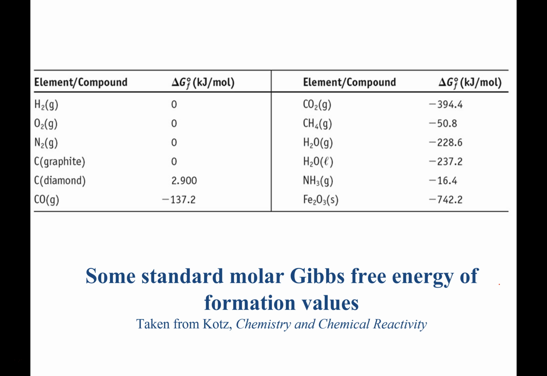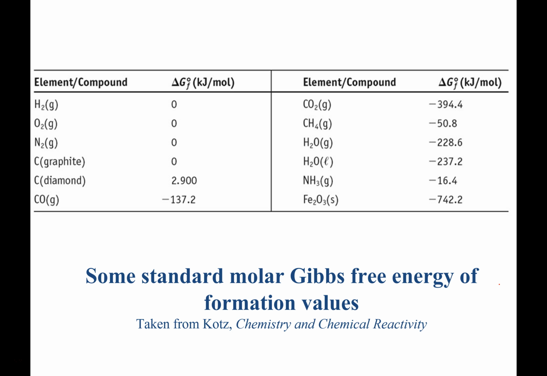Okay. So we see H2, O2, N2, the standard state of that element under standard conditions. Well, it's diatomic. Standard state of carbon is the allotrope graphite. This is where these Gibbs free energies of formation are different than our entropy, our S's.